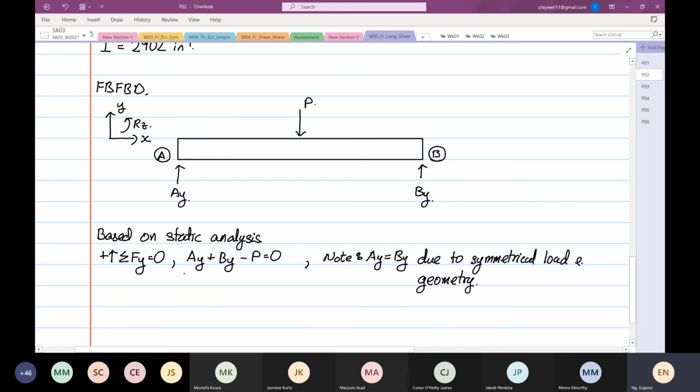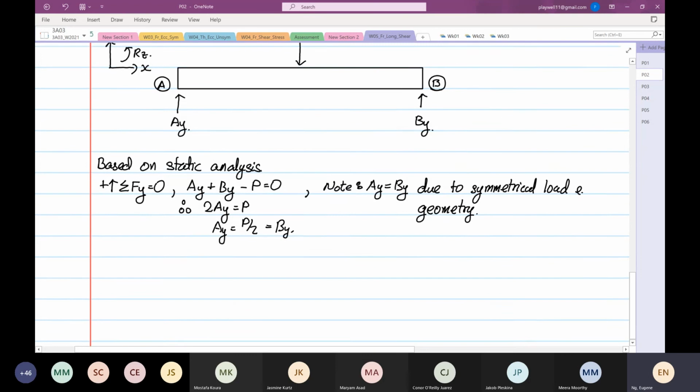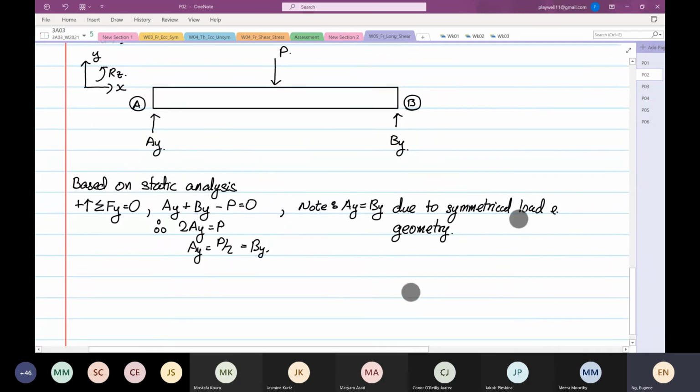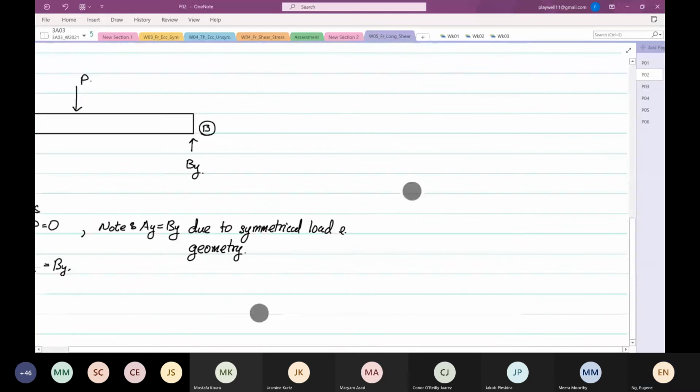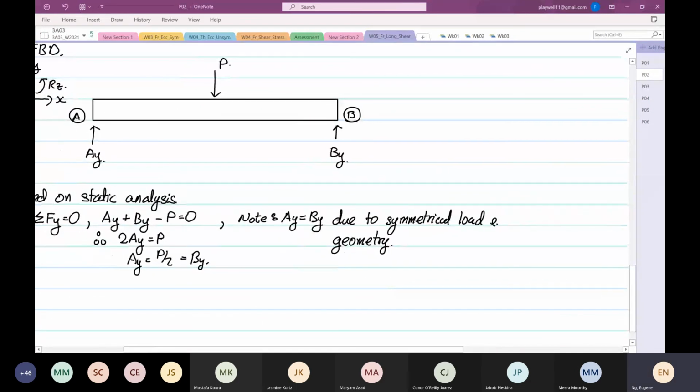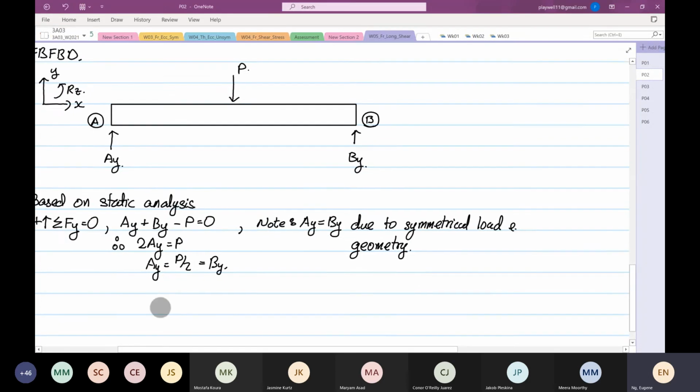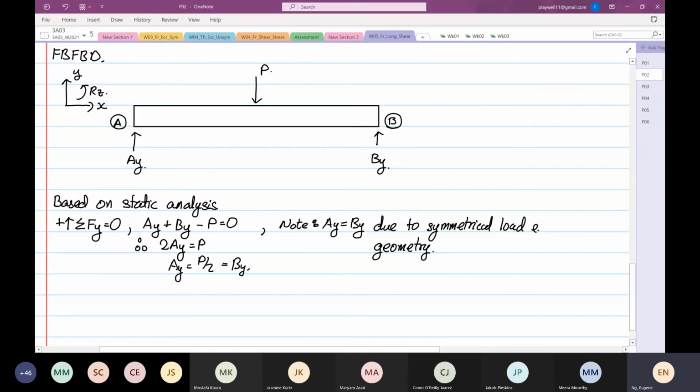So therefore, 2AY is equal to P, AY is equal to P over 2, and this is equal to BY. So from here, we can very quickly sketch our shear force and bending moment diagram. Okay, so I will move to the next page.